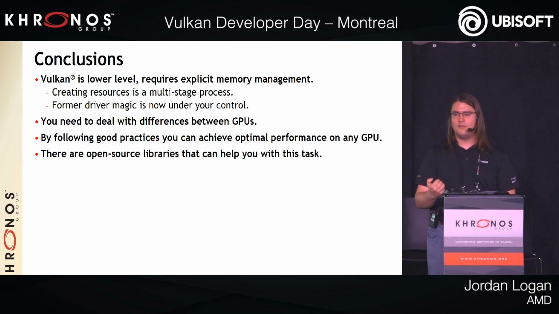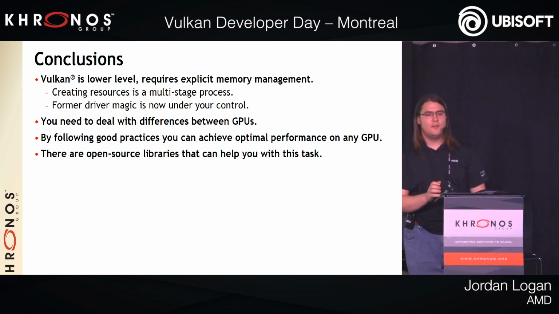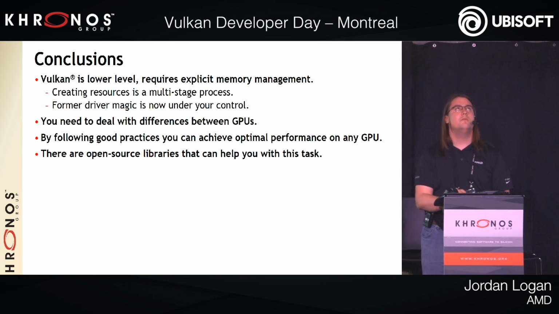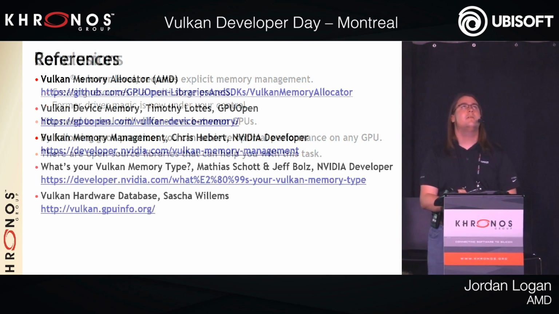So you actually have to account for that in your engine instead of just allocating and hoping the API does the correct thing for you. But it's pretty simple to keep the code very simple and follow some basic practices, and then you can actually get very optimal performance on a GPU. And of course, there are open source libraries to help you out with this.